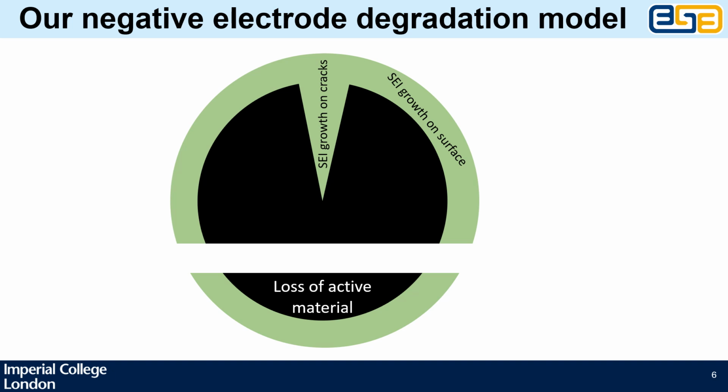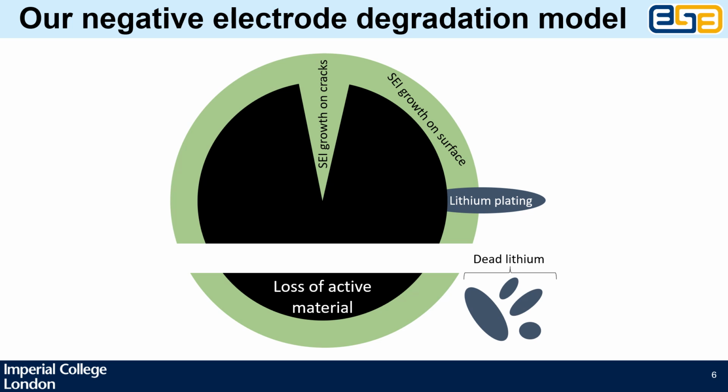If the crack goes all the way through, that results in a bit of graphite floating off and doing nothing, so you get loss of active material, quite literally. Lithium plating can also occur, and sometimes the lithium metal that's plated can break off to form dead lithium, which again floats surrounding the electrolyte doing nothing.